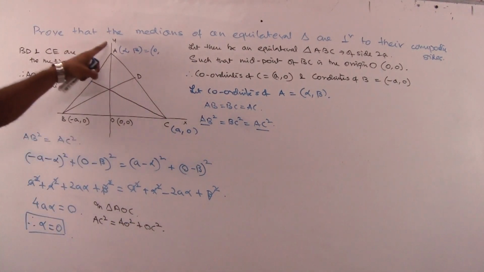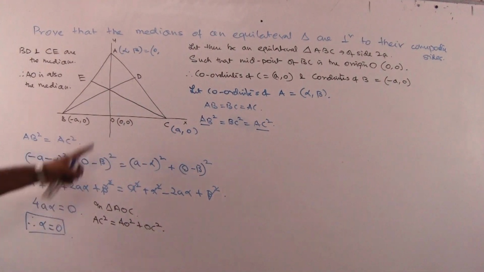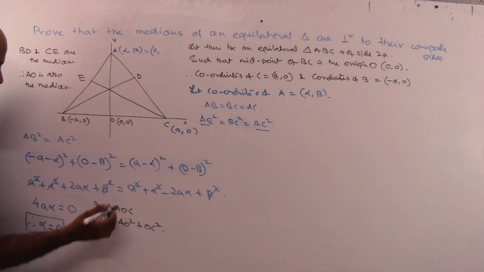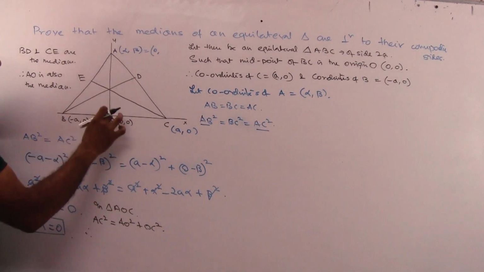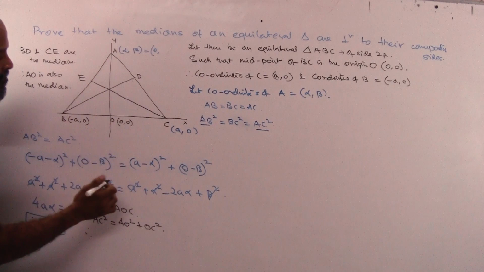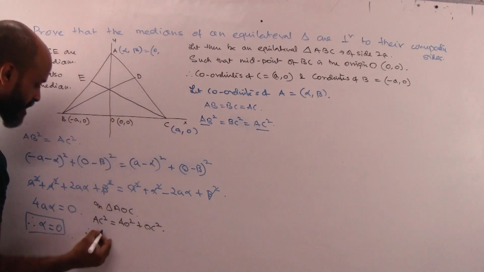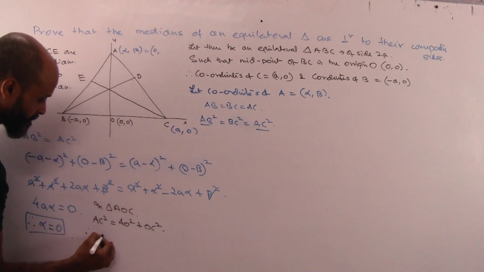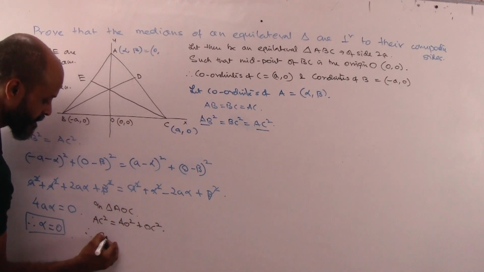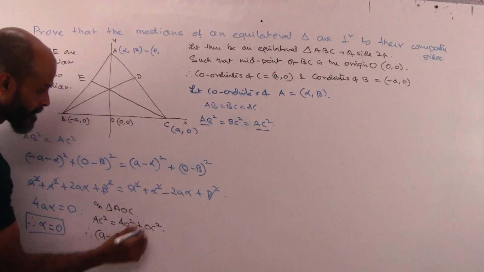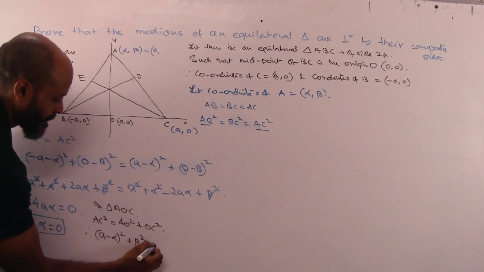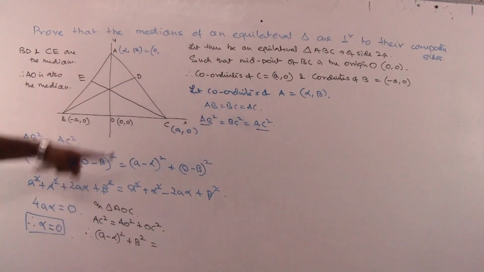So let's do this here. AC square will be how much? A minus alpha whole square plus beta square. This will be AC square.